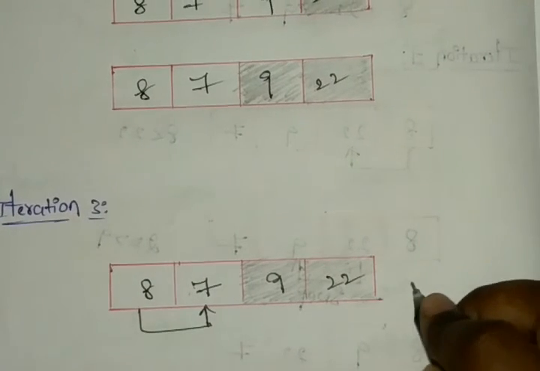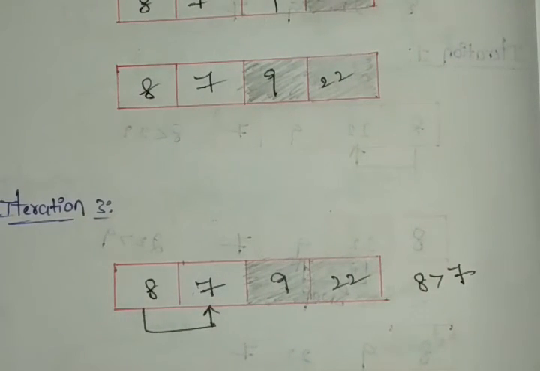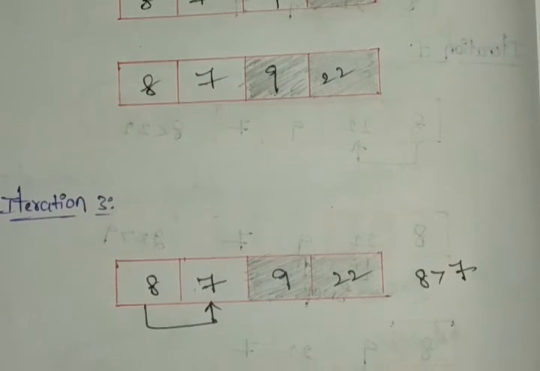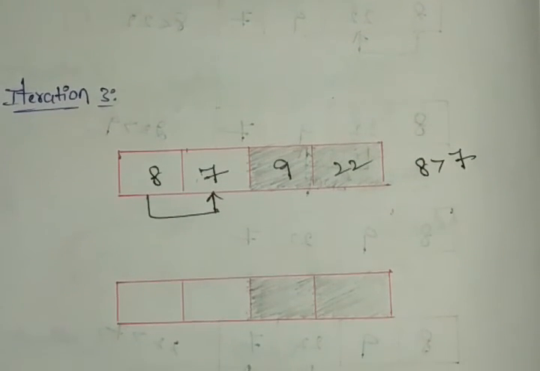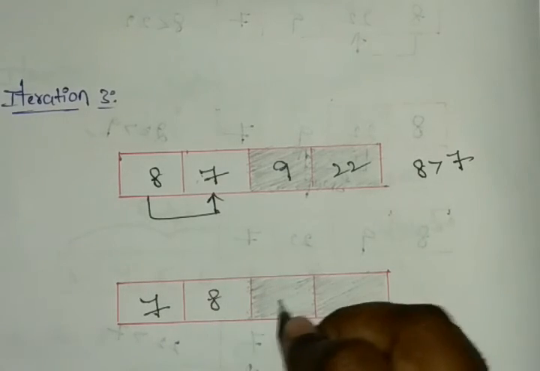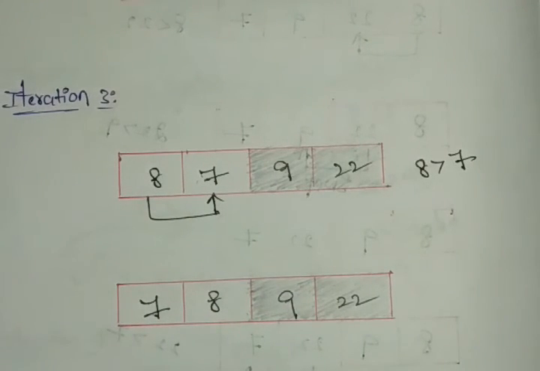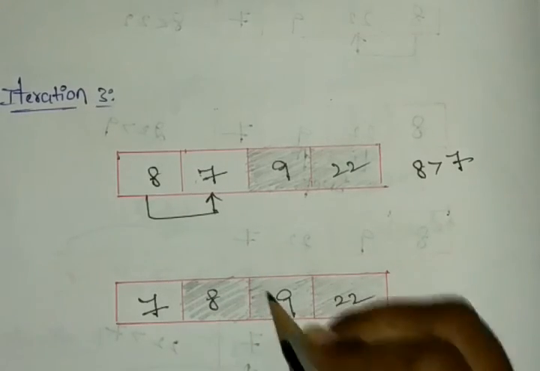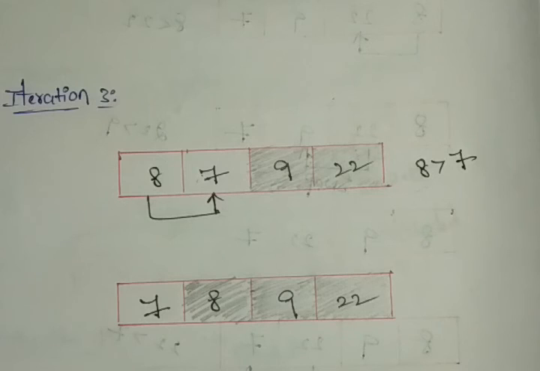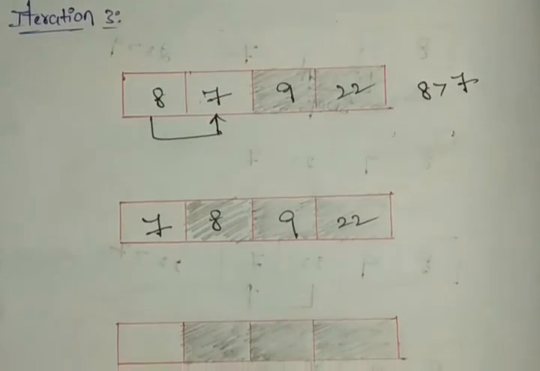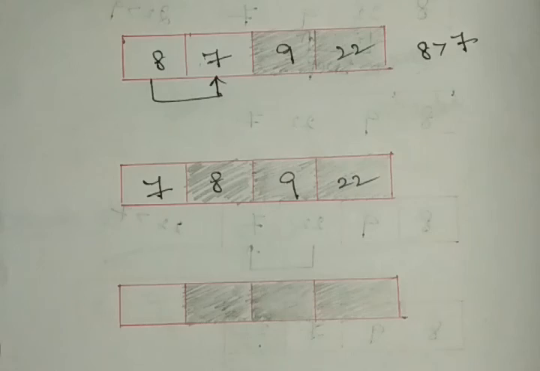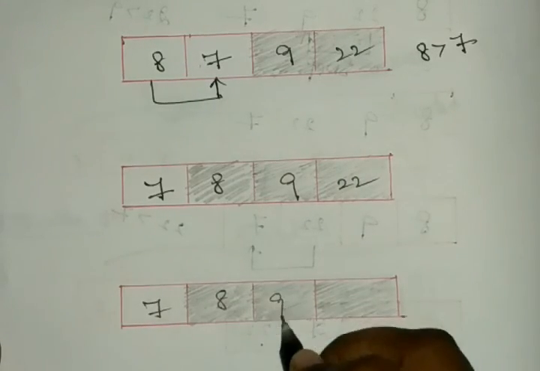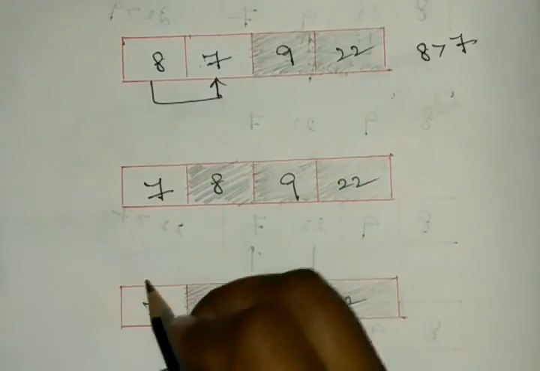Comparing to 7, 8 is the larger, so you perform the swap. Here 7 comes first, then 8, 9 and 22. Now 8 is bubbled. After that, the remaining value, which is 7, is also in place.